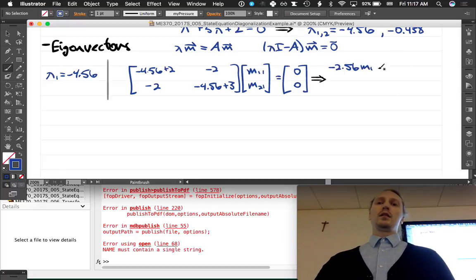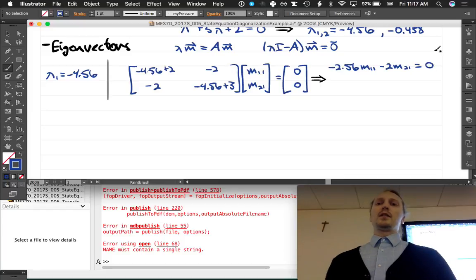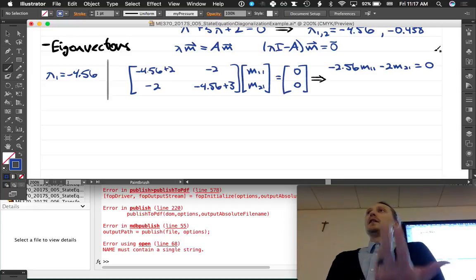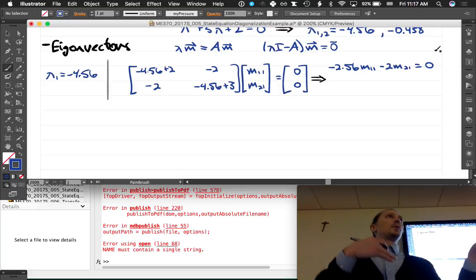M11. And then what's the next term? Minus 2 M21. Very good. Minus 2 M21 equals 0. So that's my first equation. I can't solve this uniquely, right? But I can solve for how these two variables are related to each other.